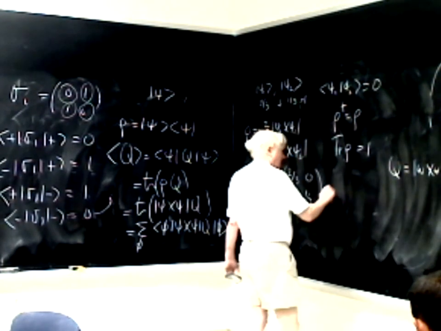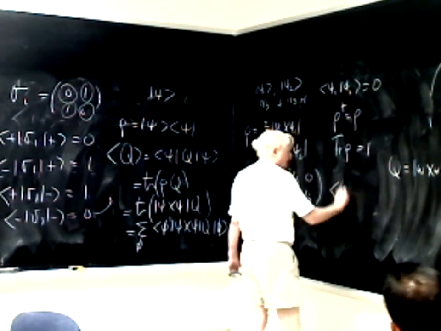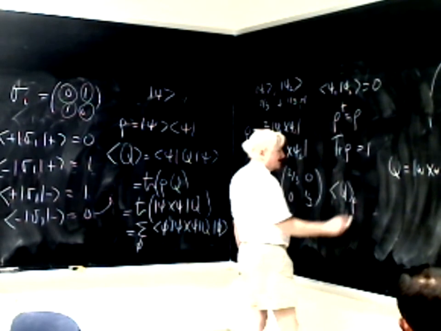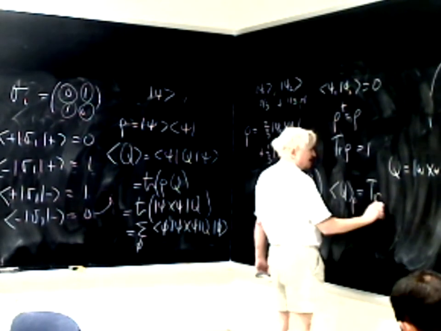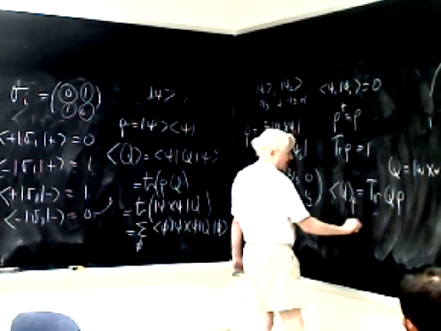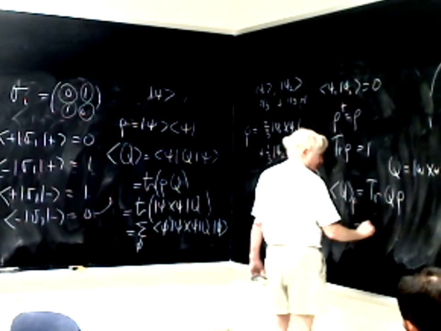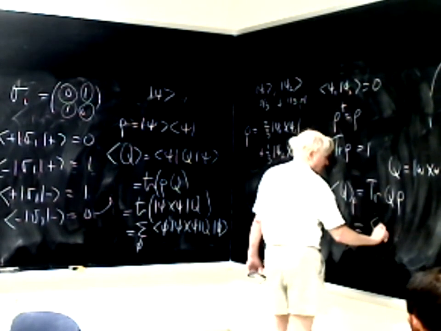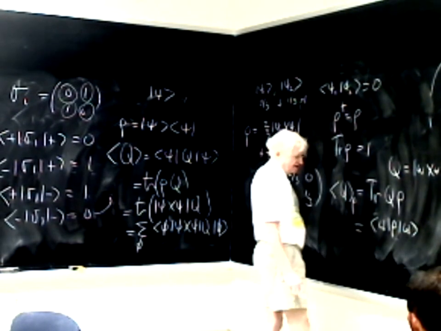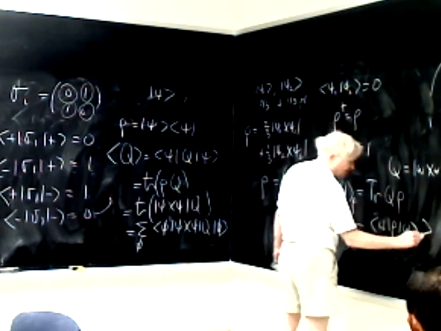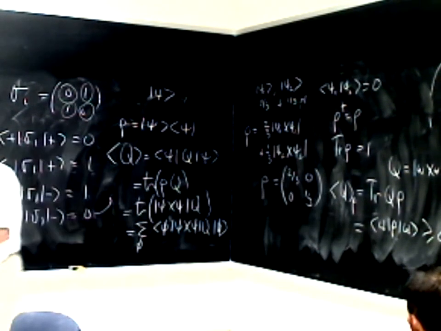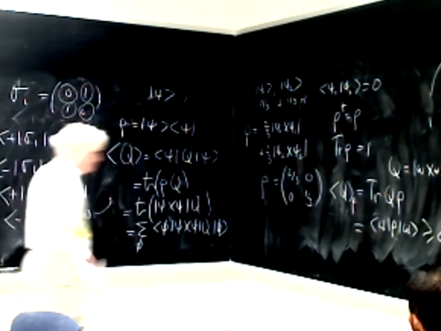Then the mean value of Q in the state represented by the density operator rho would be the trace of Q rho, and that would be <omega|rho|omega>, and you'd expect that this would be non-negative because it's the probability that the system is in state omega.